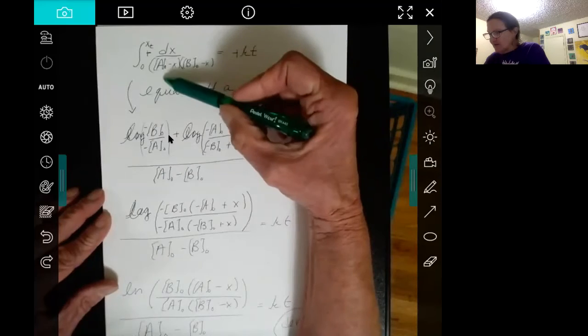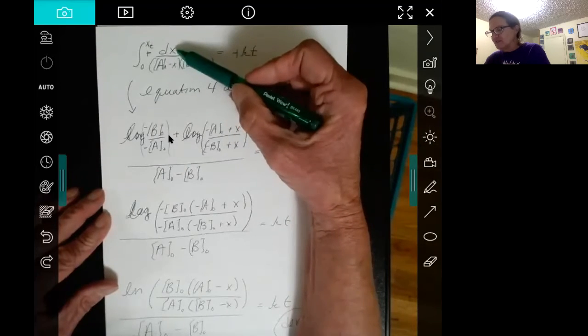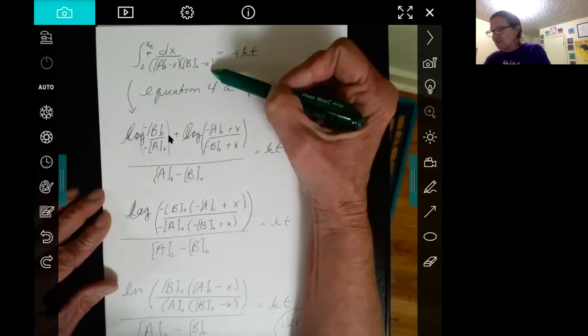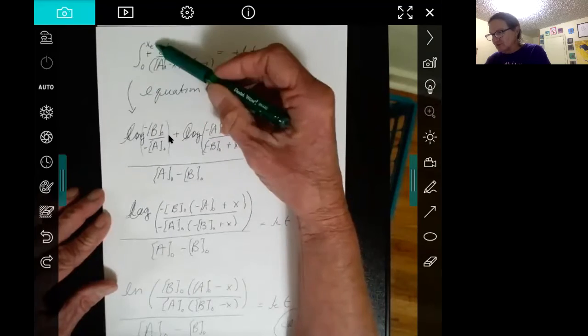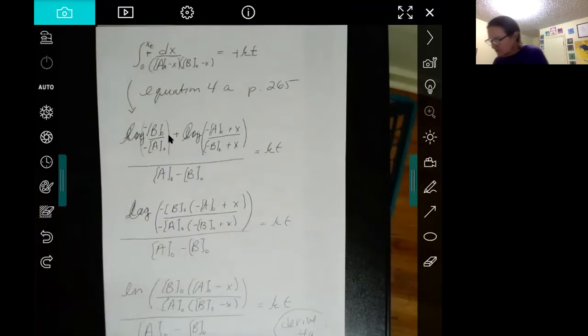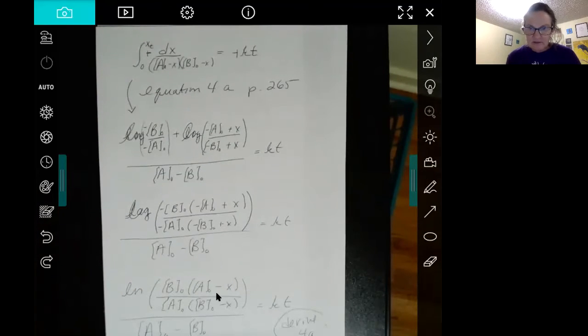And I have now dx instead of dA, but I'm integrating over the change in the concentrations from 0 to some new concentration. And let me just see. Oh, there it is, sorry. I just did this a little bit earlier.